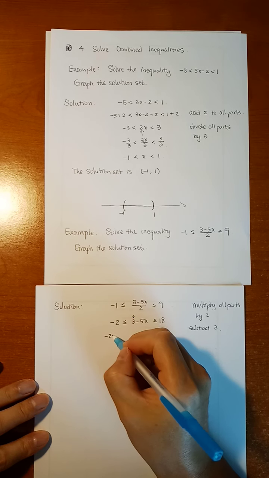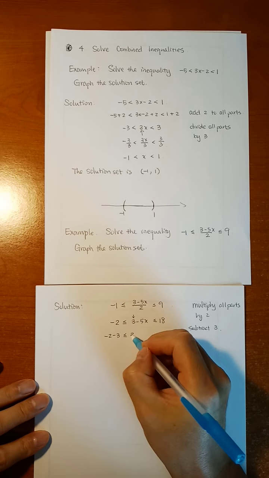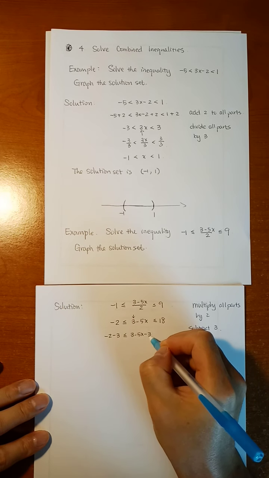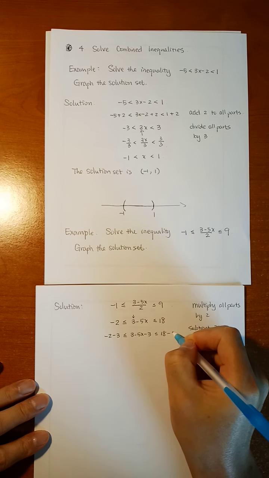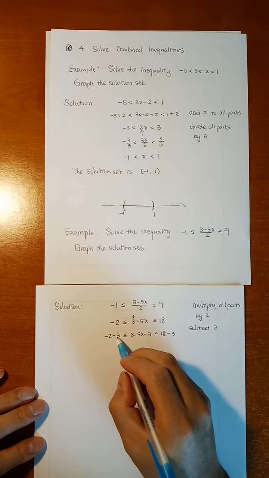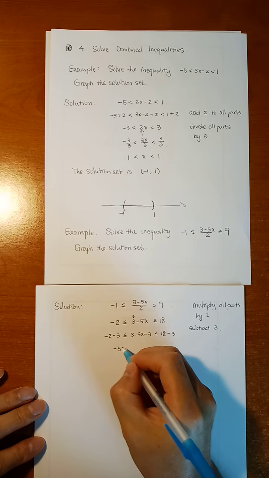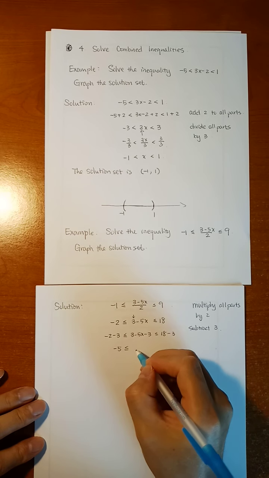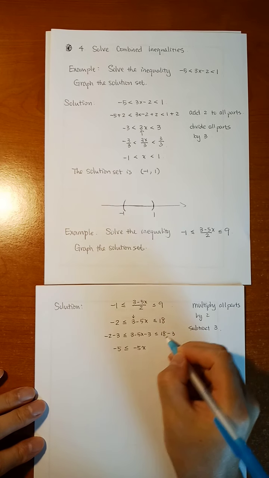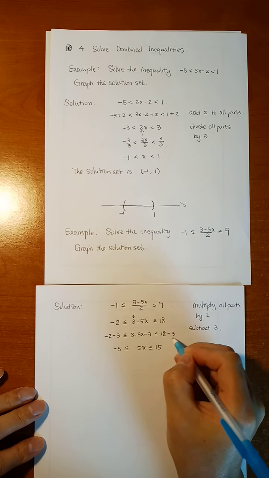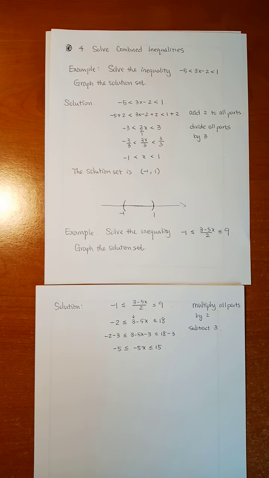So you get -2 minus 3 less than or equal to 3 minus 5x minus 3, and less than or equal to 18 minus 3. -2 minus 3 is -5. 3 minus 5x minus 3 is -5x. 18 minus 3 is 15.